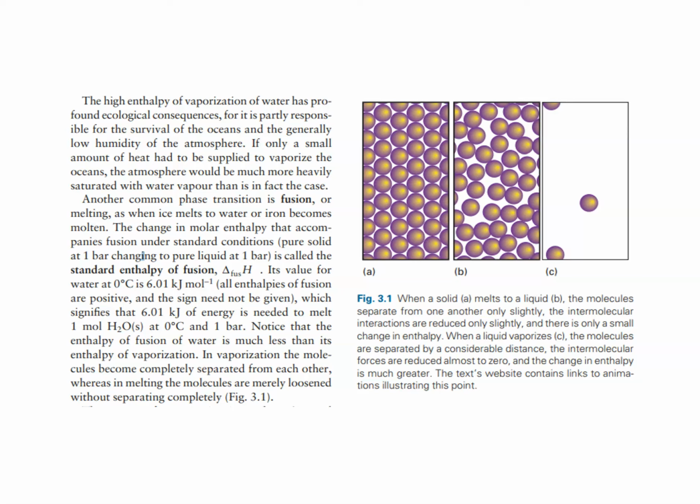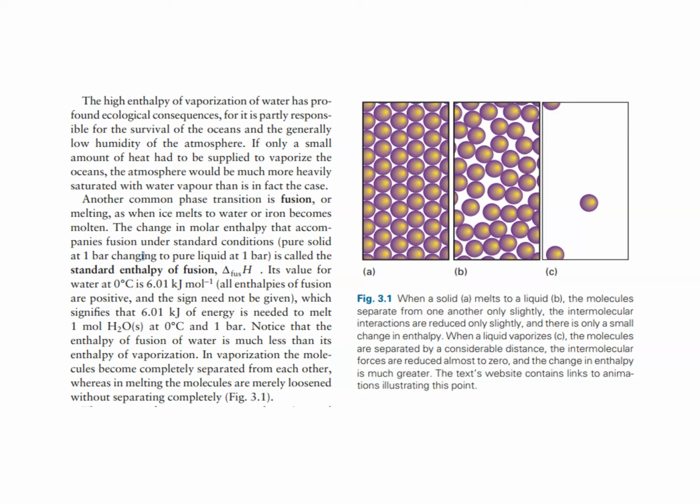Notice that the enthalpy of fusion of water is much less than its enthalpy of vaporization. In vaporization, the molecules become completely separated from each other when they go from the liquid phase to the gas phase, whereas in melting, the molecules are merely loosened without separating completely, which is what we're seeing in figure 3.1. If we take a look at figure 3.1, when a solid A melts to a liquid, the molecules separate from one another only slightly, allowing them to move freely about one another, but they still primarily remain in physical contact or proximal to one another.